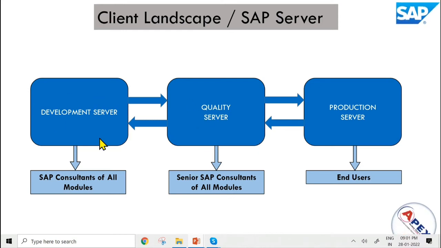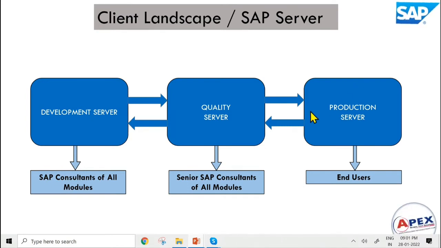The development server people will not have authority to access the quality server either. These two may happen: the quality server people can access this, but end users will not have the authority to log in to the quality as well as the development server.